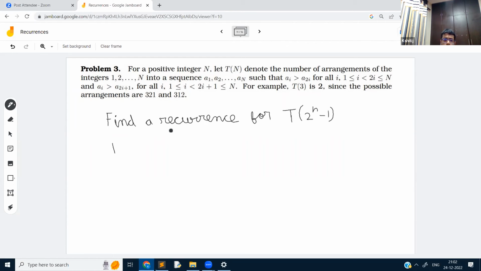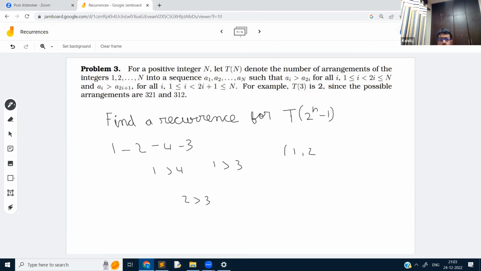I will give an example. So suppose you have a sequence 1, 2, 3, 4. I change it a bit. Suppose you have a permutation 1, 2, 4, 3. Now 1 is greater than 4, 1 is greater than 3, and 2 is greater than 3.